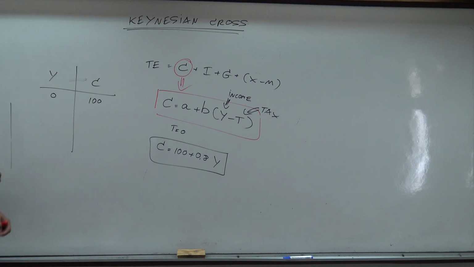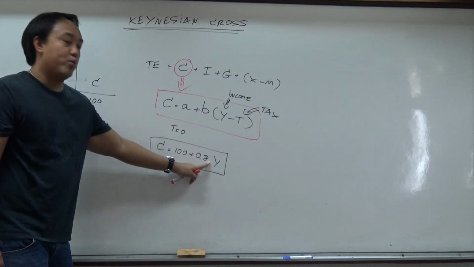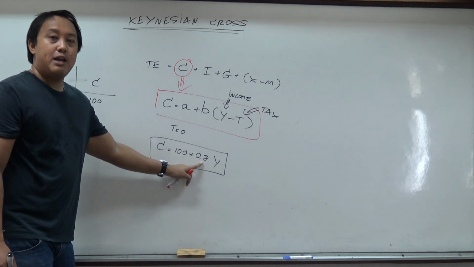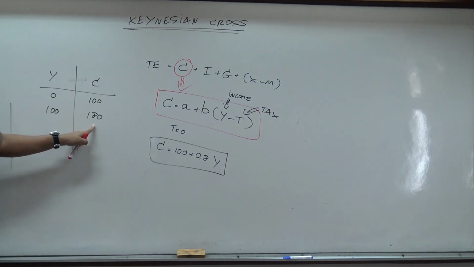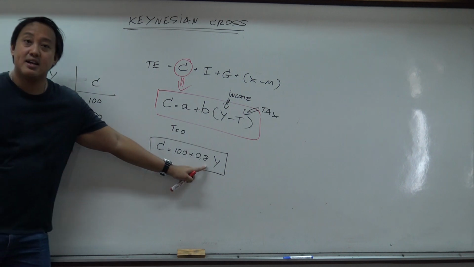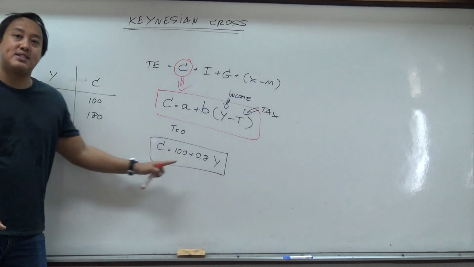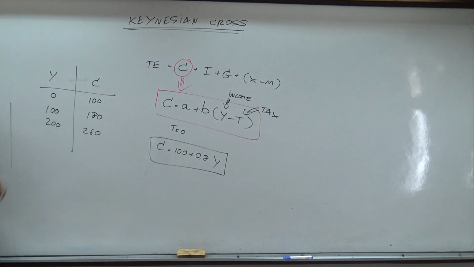On the other hand, if you have income equal to 100, you put 100 here. 100 multiplied by 0.8 equals 80, and 80 plus 100 equals 180. If you have 200, you put 200 here. 200 multiplied by 0.8 gives 160, and 160 plus 100 equals 260.